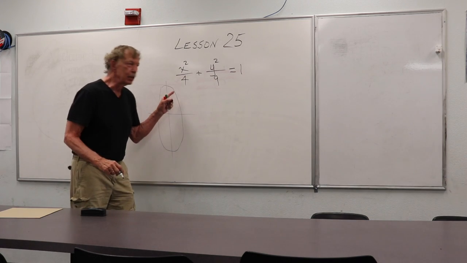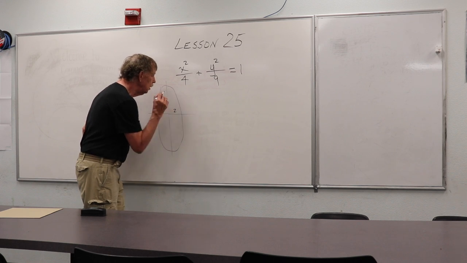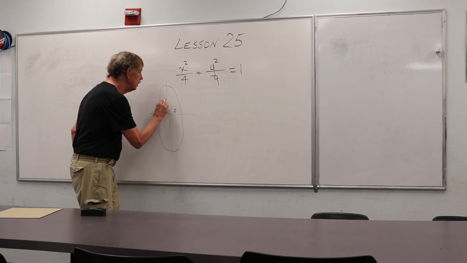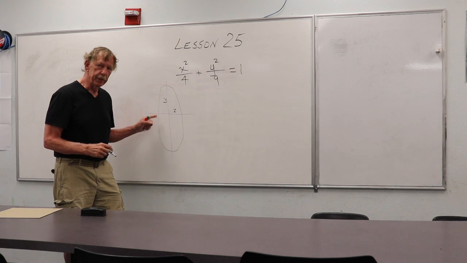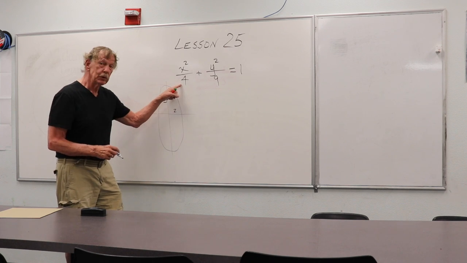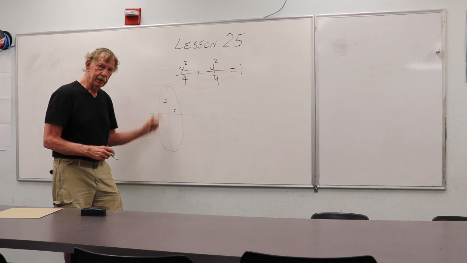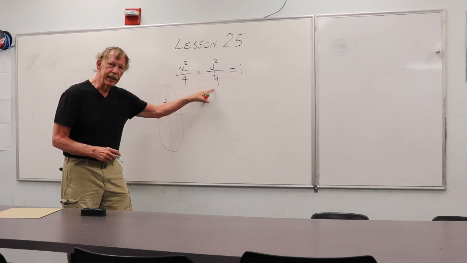In our picture, A is 2, and B is 3. And there's our ellipse. A is 2, B is 3. You're saying, well, wait a second, the ellipse is vertical. Yes, it is. That's because B is bigger than A.